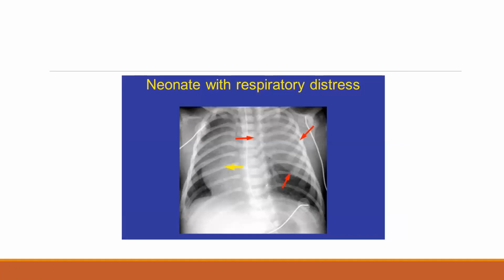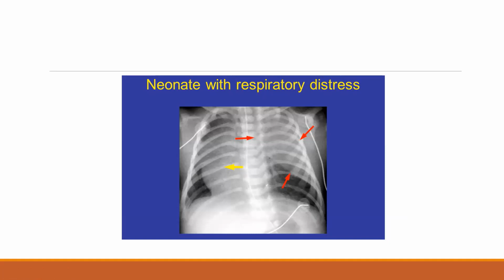A neonate with respiratory distress. So you can't think that this is a case of pneumonia, or that there is something like a mass lesion. It looks like this. You do not think it's RDS, you do not think meconium aspiration.